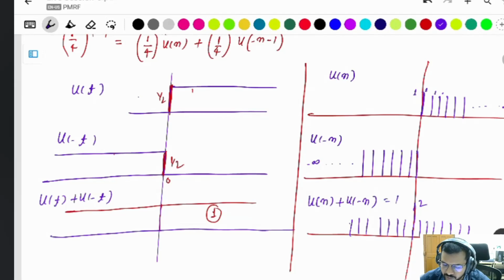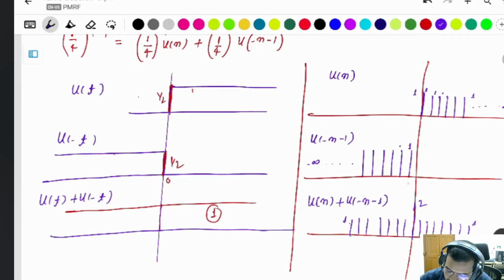No, discrete signal, because every point has value 1 and 1, and here also 1, the 1 and 1 will be taken as 2. That's why in this case it will be added as u of n plus u of minus n minus 1. It means you remove the one term which is at 0.